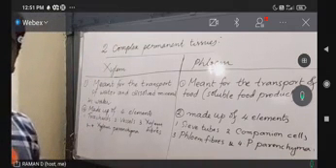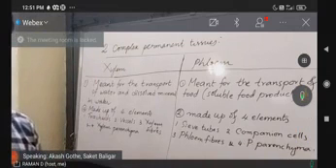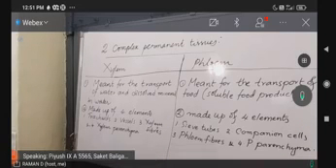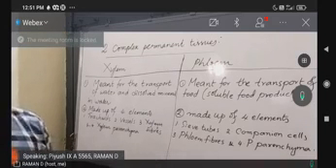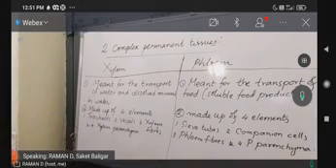Can you see it? Is it clear? Okay. Try to make notes out of it. I am not going to give the notes again.